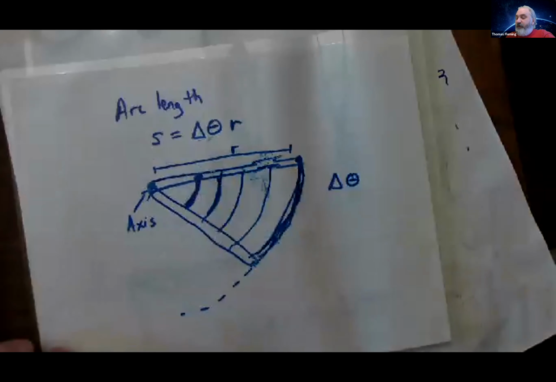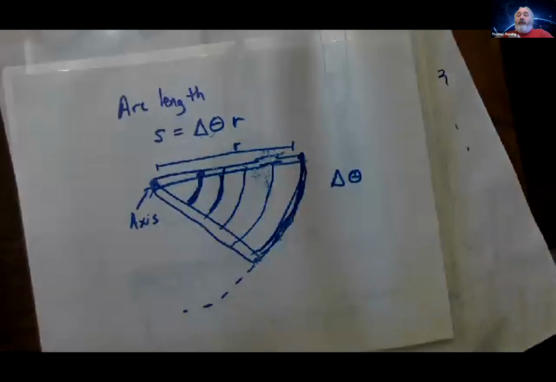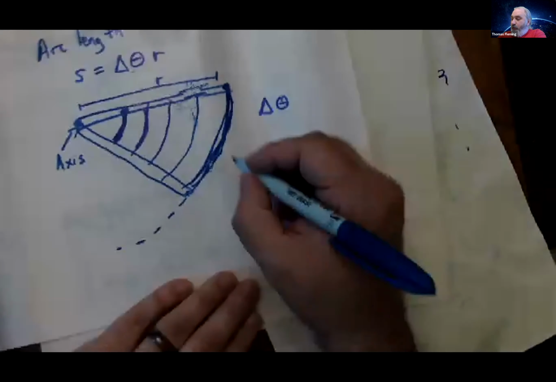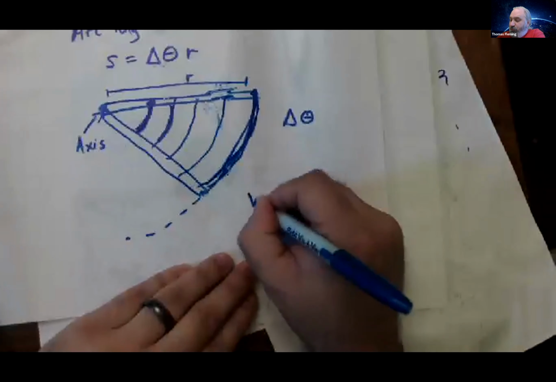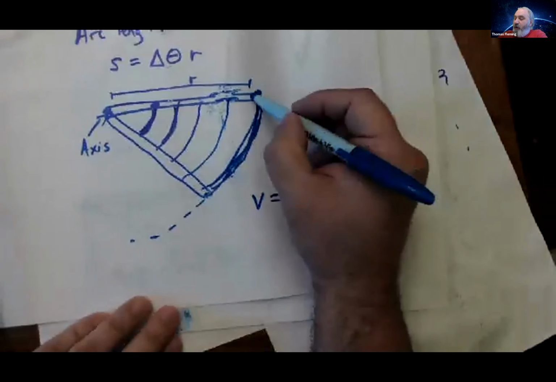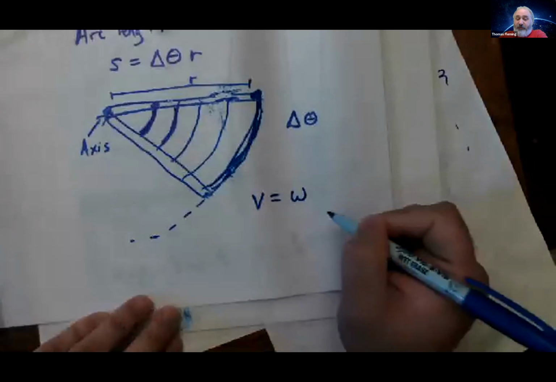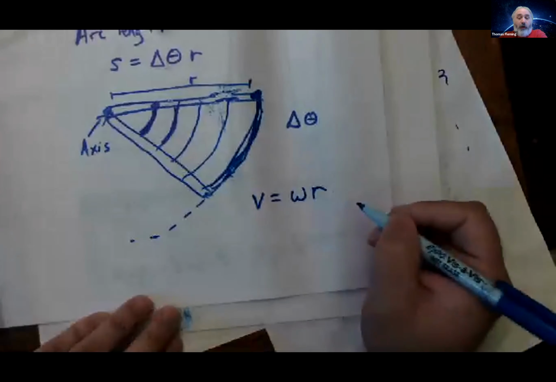And the cool part is that all of my angular variables will be related to my linear variables in a very similar way. It turns out that if I want to know the linear velocity being traveled by, let's say, a bug on the end of this stick, that's going to equal the angular velocity of the stick times r.